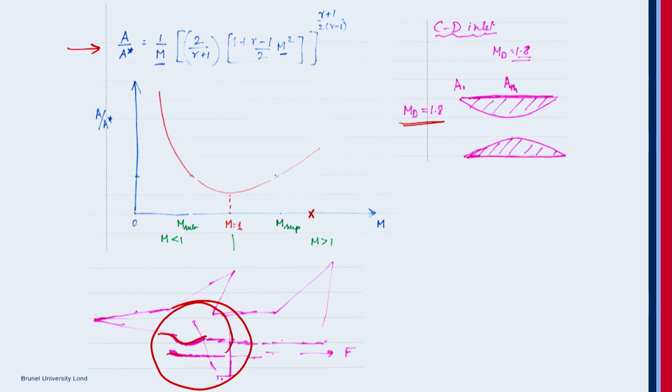So I can use this to find the A1 by A throat. So you identify the design, because when you design an aircraft, F-35 Raptor, it is designed to fly at a certain Mach number. For that Mach number, what is the inlet configuration?